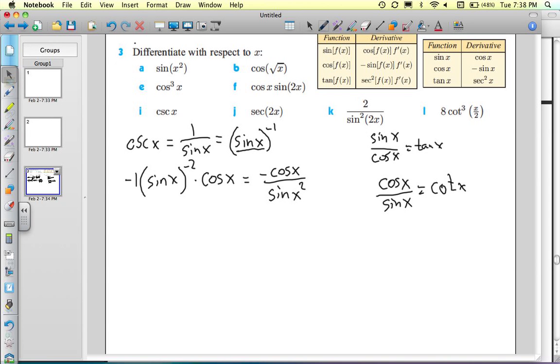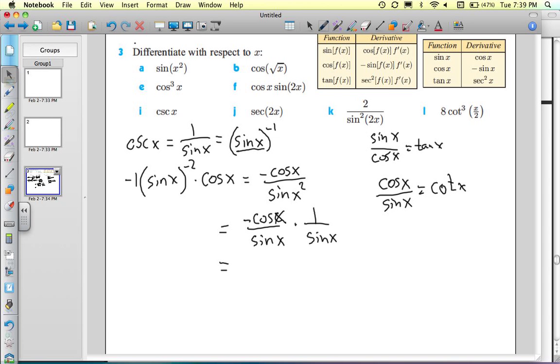If we factor this out, we end up with negative cosine x over sine x times 1 over sine x, because sine x times sine x is sine x squared. So cosine x over sine x becomes cotangent of x.